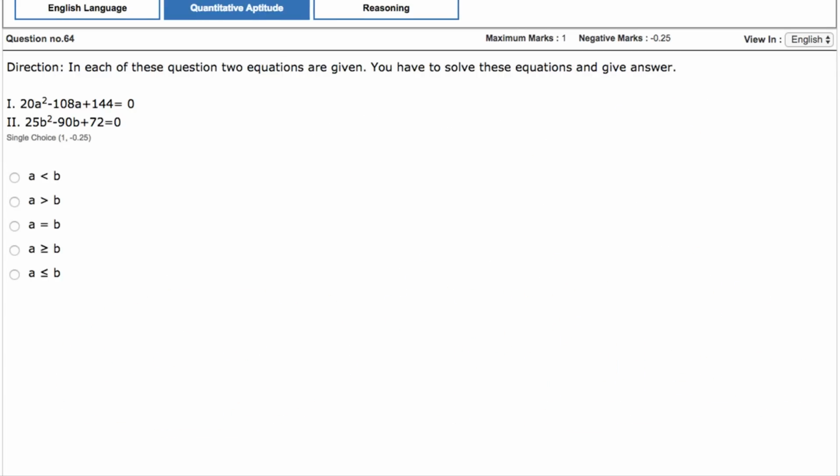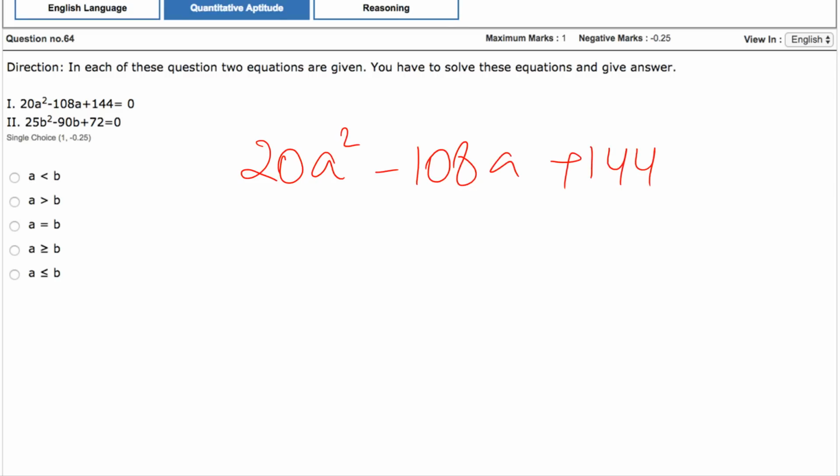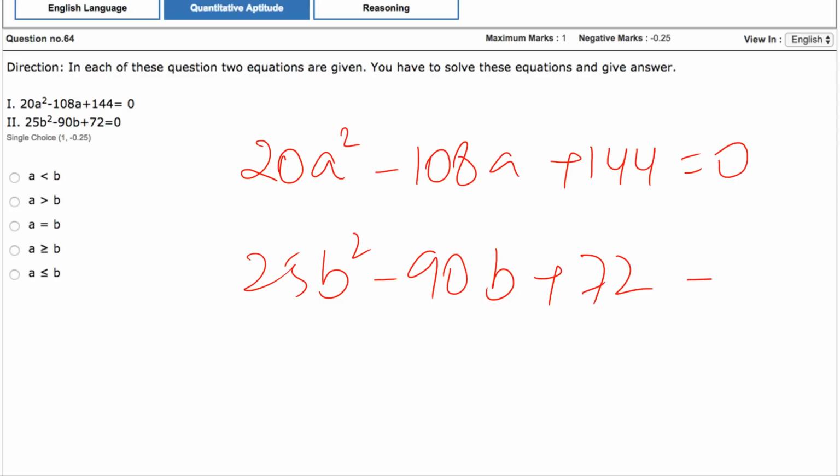Okay, next question. Let's see what our question is here. So I'll write it for you first. 20a square minus 108a plus 144 is equal to 0, and 25b square minus 90b plus 72 is equal to 0. 25 into 72, very easy. This will be 1/4 into 100.